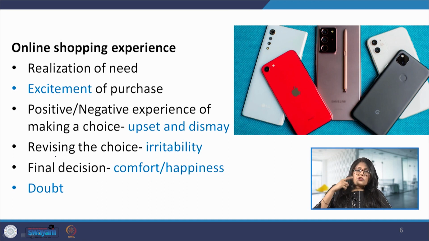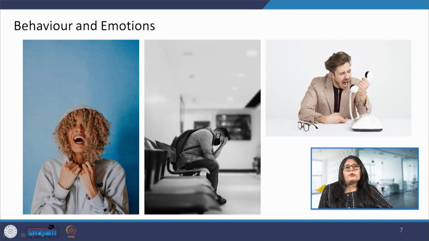So this is just an example of how we go through these cycles of emotions, and how the interface or the available options, or even a simple process of purchase can bring out these emotions in us.